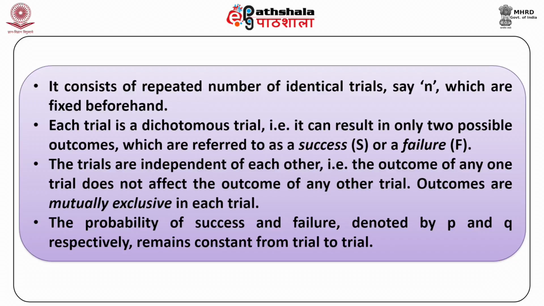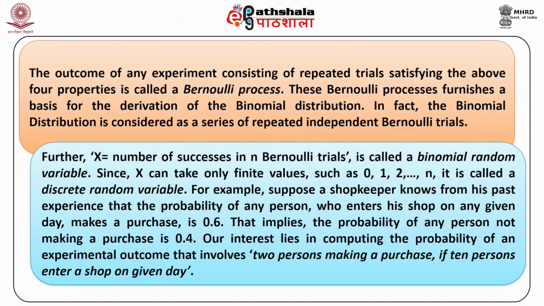The fourth and the final property is that the probability of success and failure, denoted by p and q respectively, remains constant from trial to trial. Which means in each trial the probability of success is p and the probability of failure is q. The outcome of any experiment consisting of repeated trials satisfying the above four properties is called a Bernoulli process or a binomial experiment.